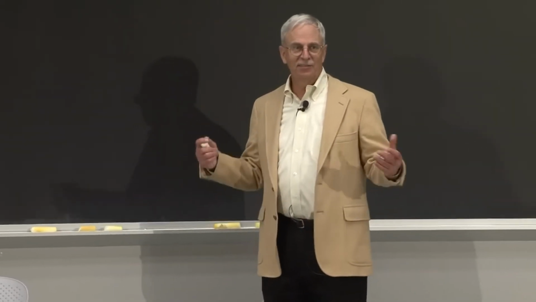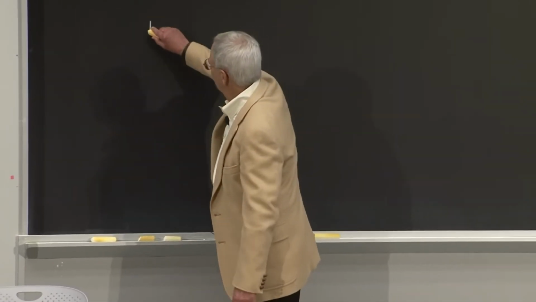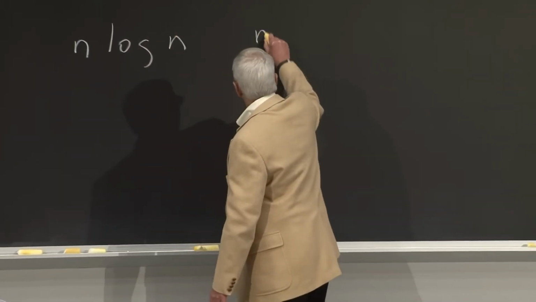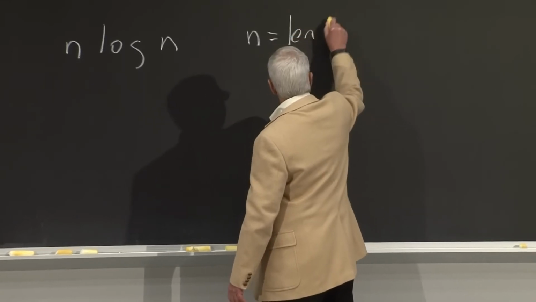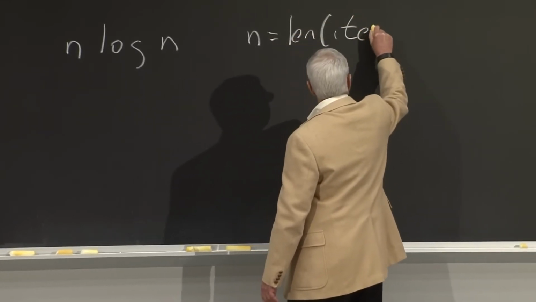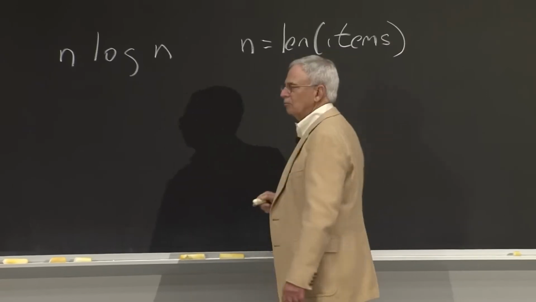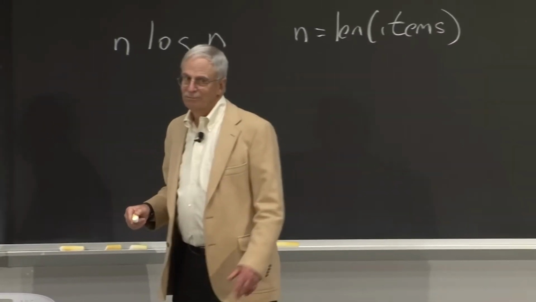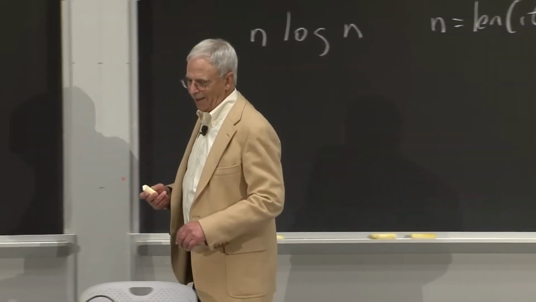And so we know that is n log n, where n, in this case, would be the len of items. OK? So we know we have that.